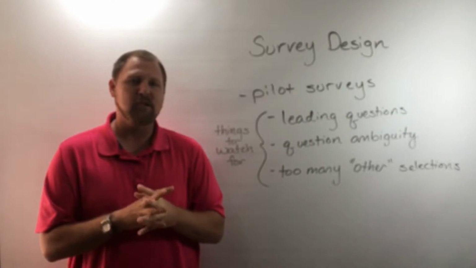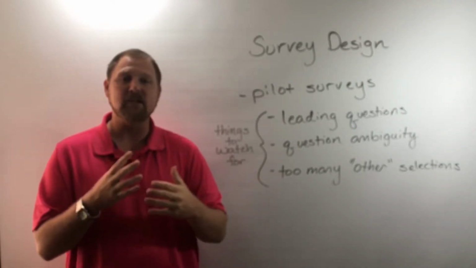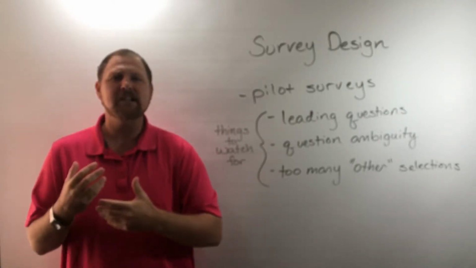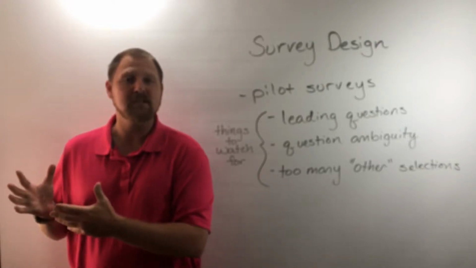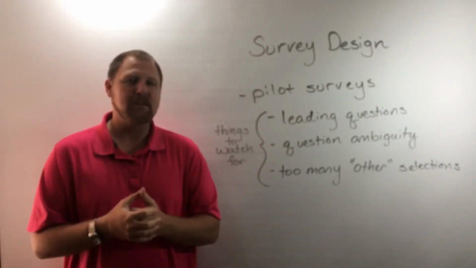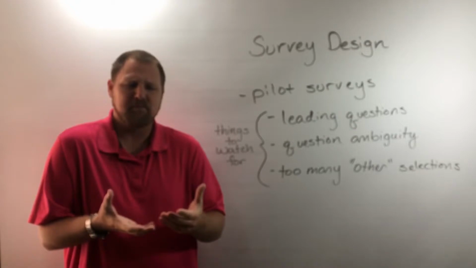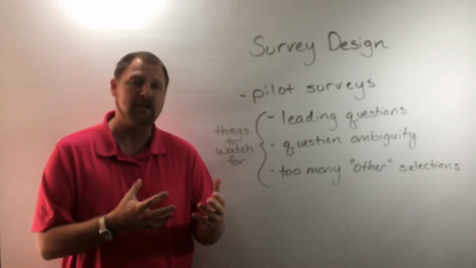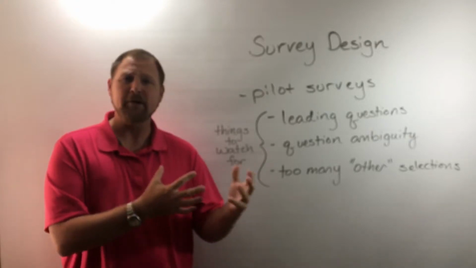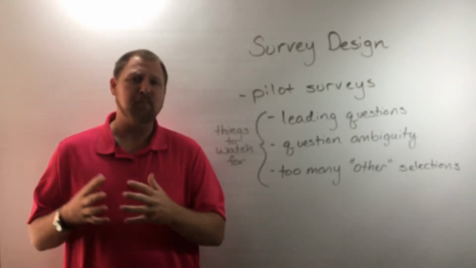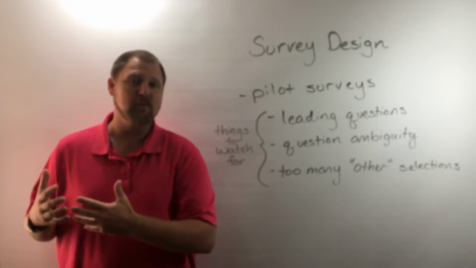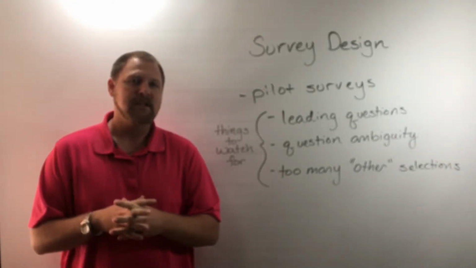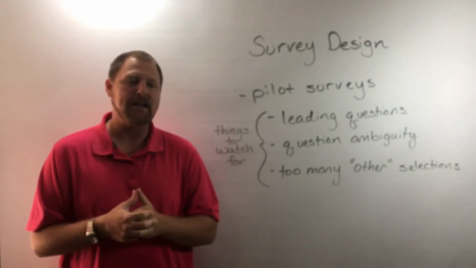In this case here, we're looking for surveys that have leading questions, questions that are basically geared to make you answer one specific way. Question ambiguity, questions where the people taking the survey really have no idea what the question is asking. Maybe it's worded a little bit weird, or maybe it's worded improperly for the general populace to be able to answer the question truthfully without any bias.